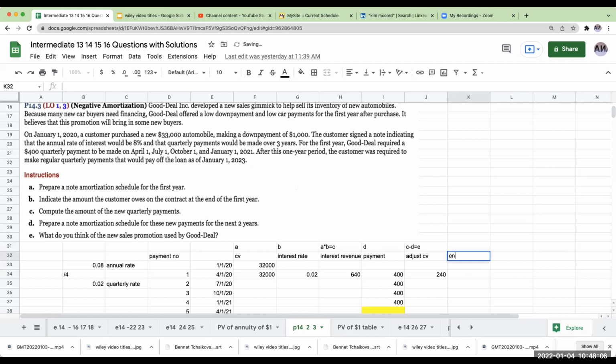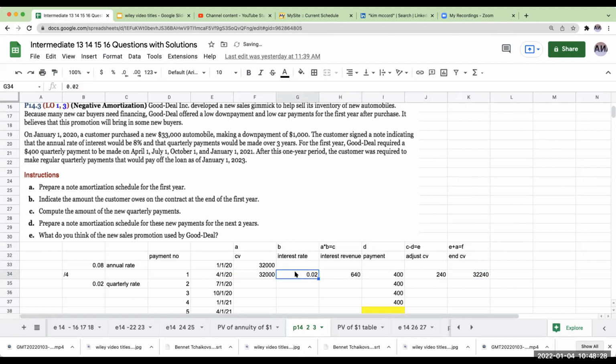So my ending carrying value is going to be 32,000 plus 240, or 32,240.